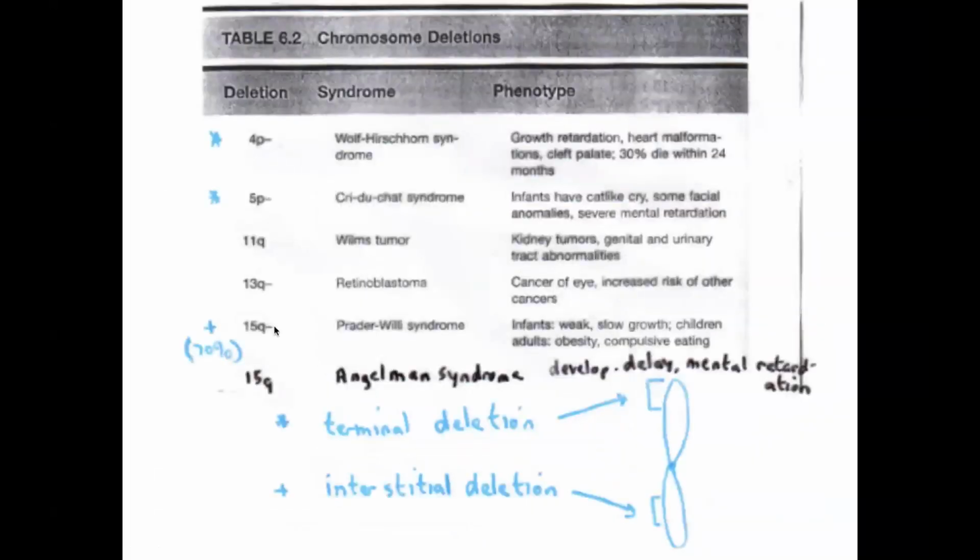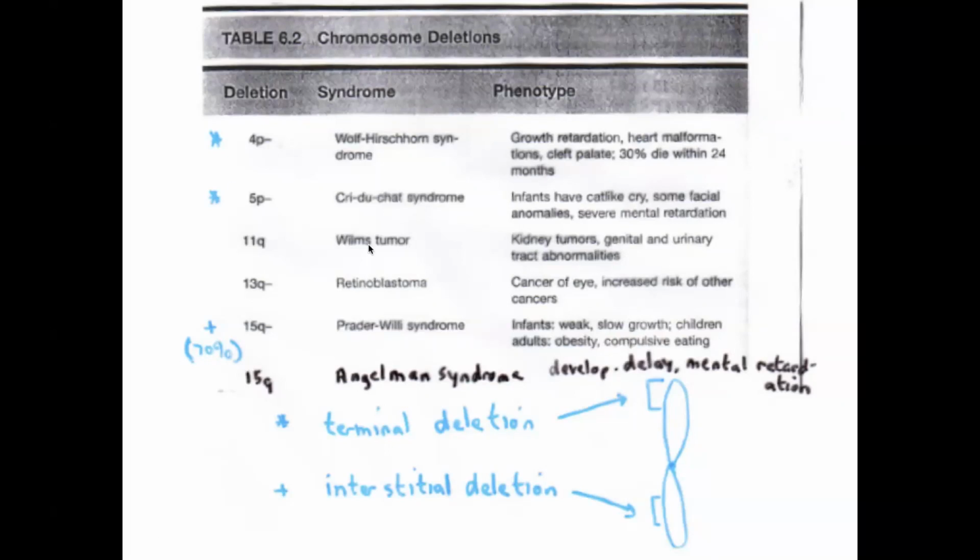So here are two examples. There's something called Wilms tumor and a form of retinoblastoma. These are both cancers. Wilms tumor forms tumors in the urogenital tract of individuals, and retinoblastoma is a form of eye cancer. Both of these conditions can be caused by the individual being heterozygous for a deleted version of a human chromosome.